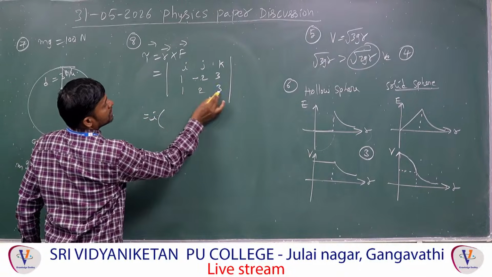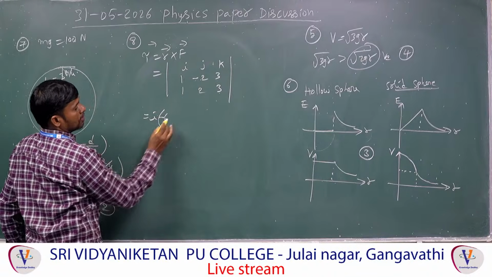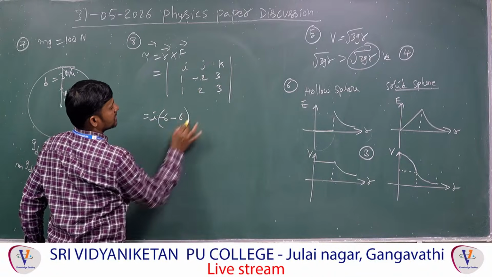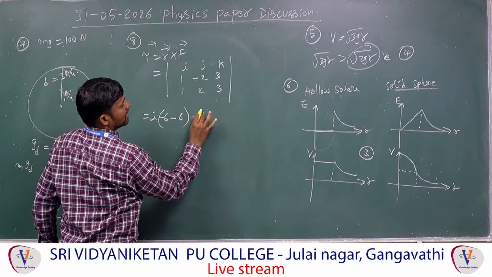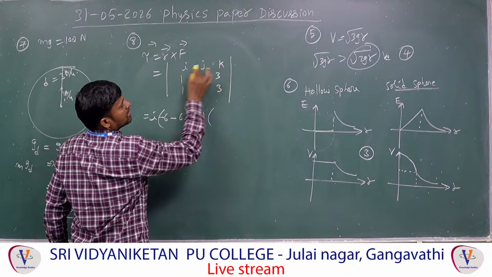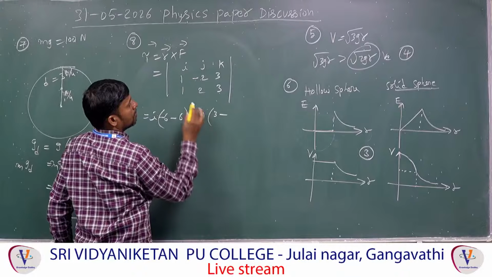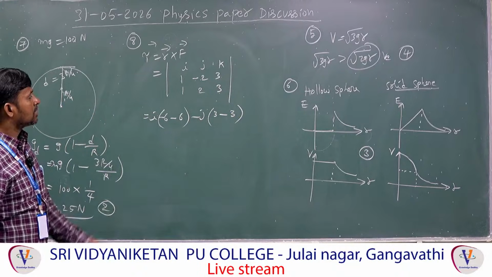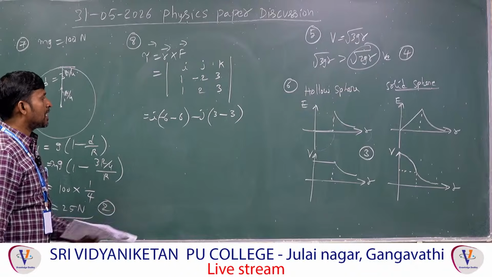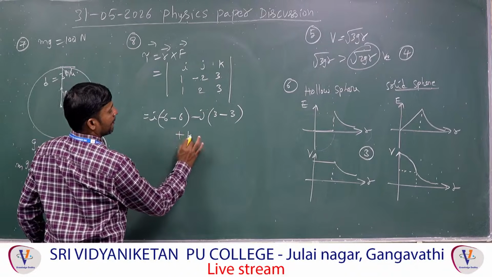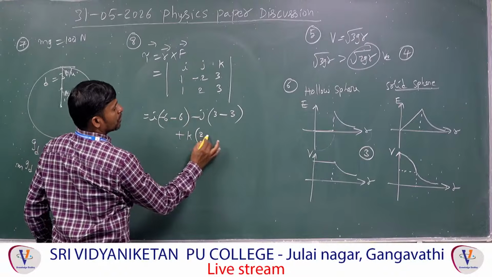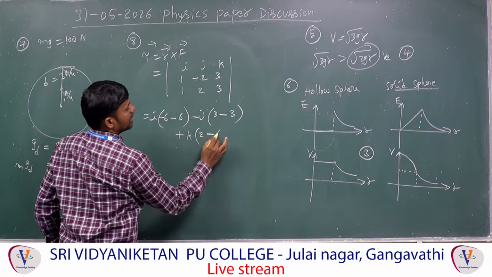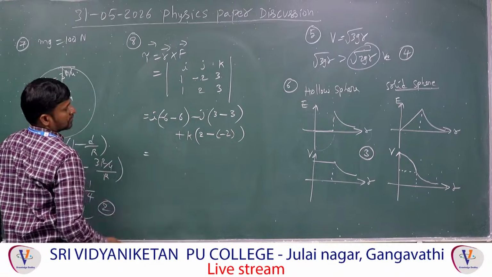I: minus 2 into 3, minus 6, minus 2 threes are 6. J: take them minus J. Take this value, 3 into 1, 3, minus 3. 3 minus 3, like this one. Next K: 2 into 1, 2, minus 1 into minus 2, minus 2.